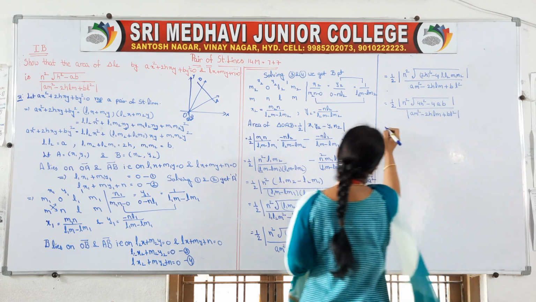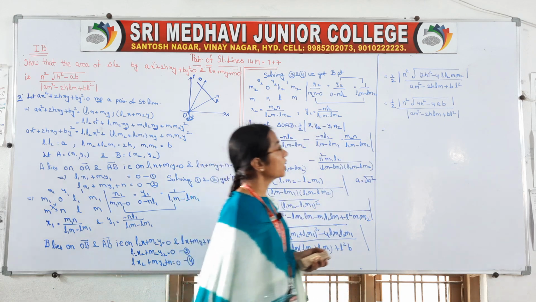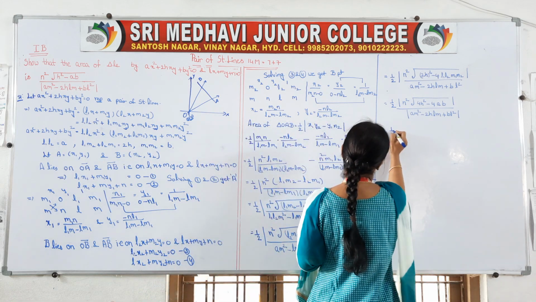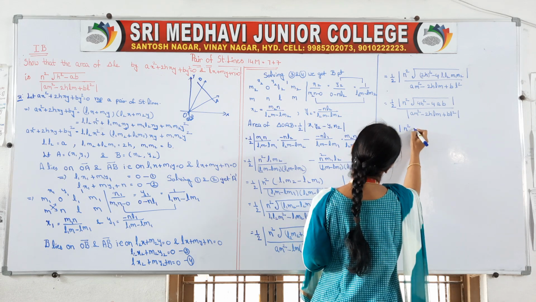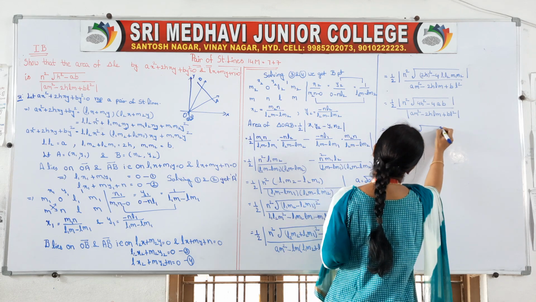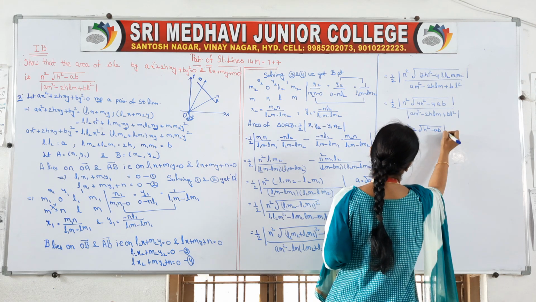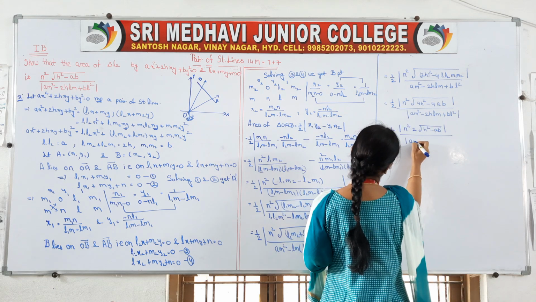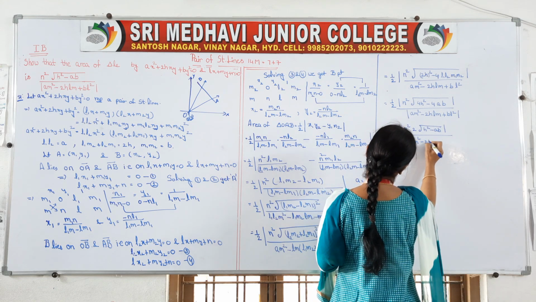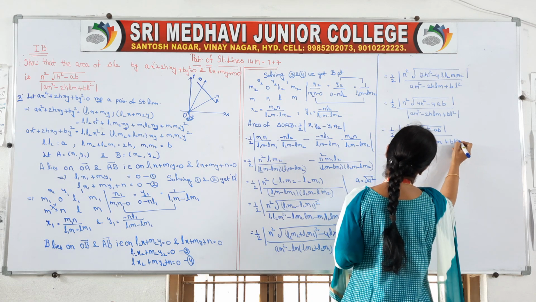Okay, so from this root we can take 4 common. Root 4 is 2. So 1 by 2 modulus of n square 2 into root of h square minus ab by modulus of am square minus 2hlm plus bl square.